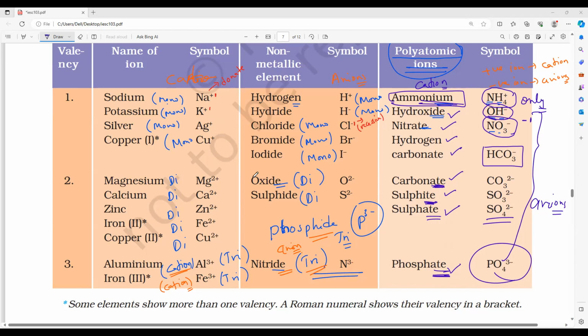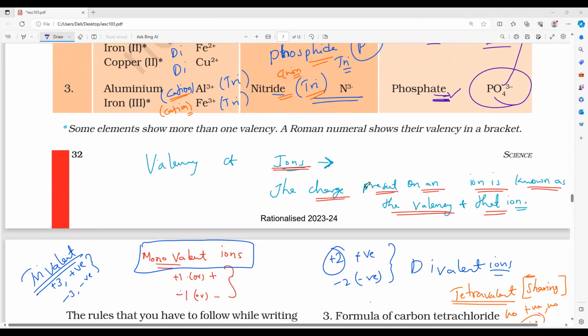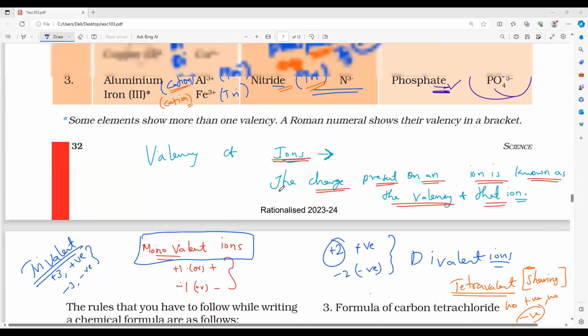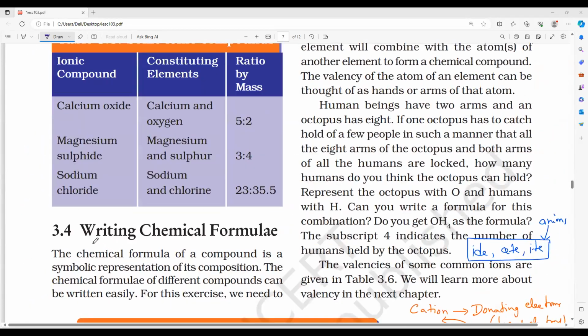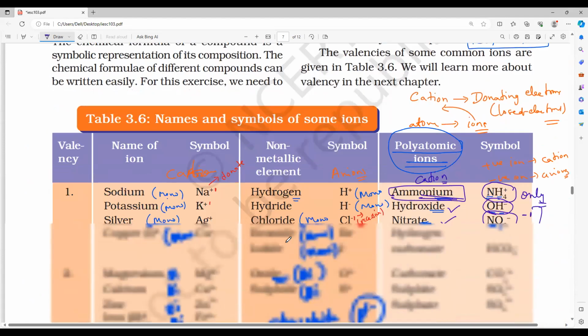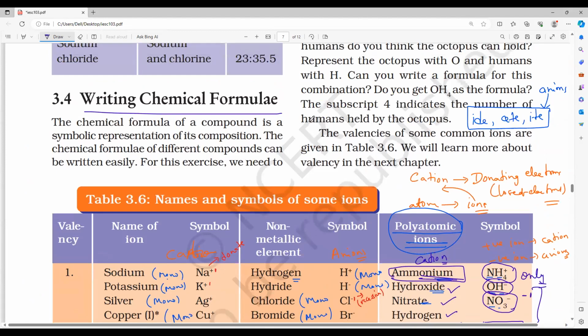Now, if you are all very good in this, then in the next class we want to start how to write the chemical formula. As I said, to write the chemical formula that concept is not needed, but still we can learn the concept. Otherwise, tomorrow we'll do how to write a chemical formula of ionic compounds and covalent compounds, both.